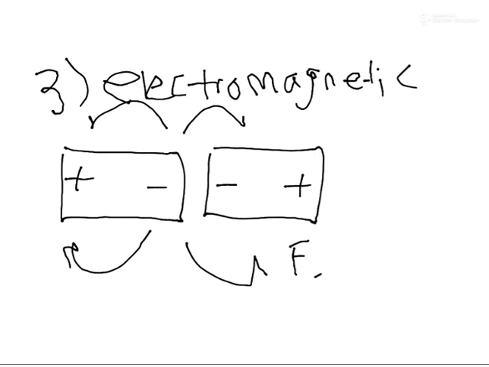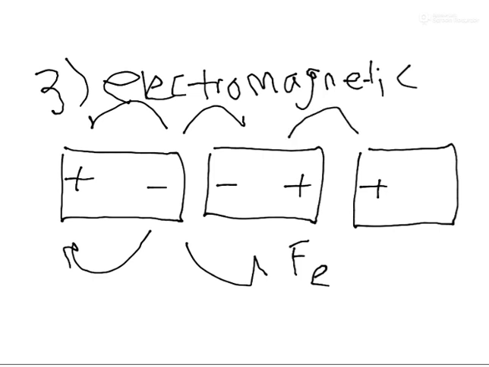It's going to be the electric force. Or if you have the magnets in the opposite direction, these magnets will actually be attracting each other if you have opposite poles, because we know opposite poles attract. So in this case, they would actually attract, but over here, they would repel.